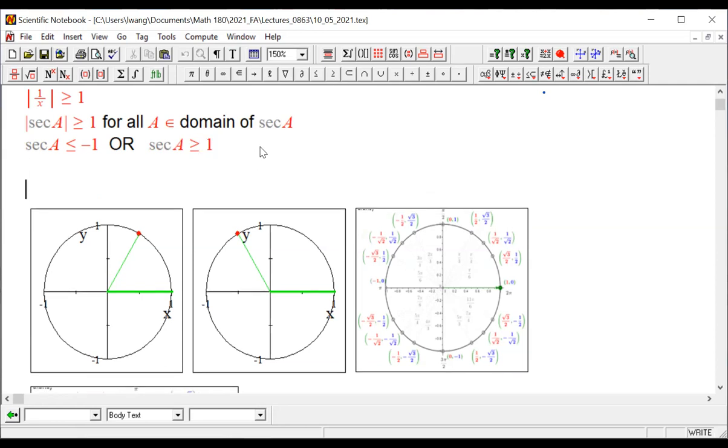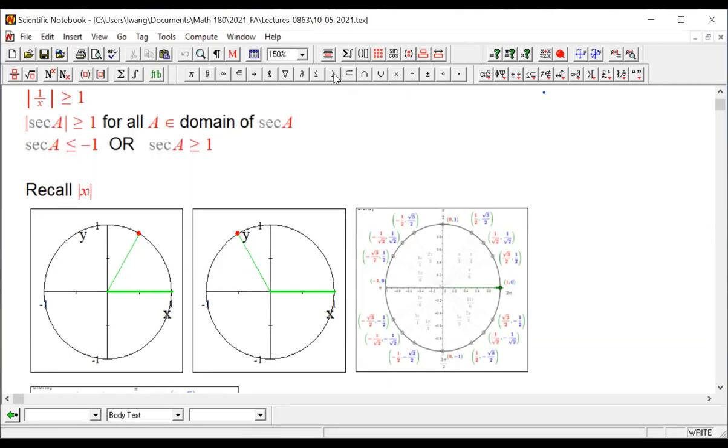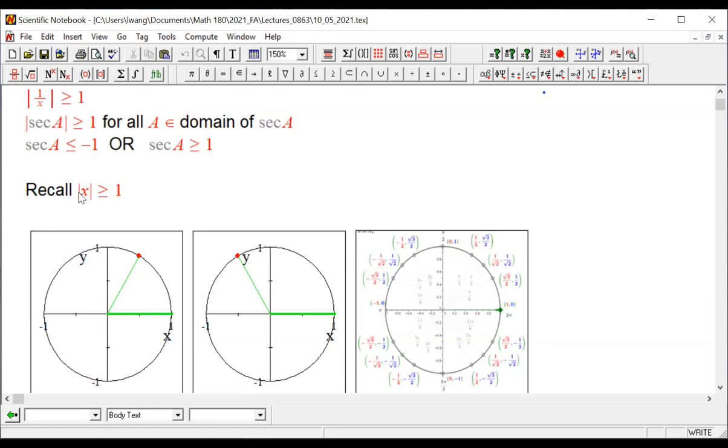You might have solved inequalities like that in your previous experience: solve the inequality absolute value greater than or equal to 1. This comes after our current topics. What is the solution to that?